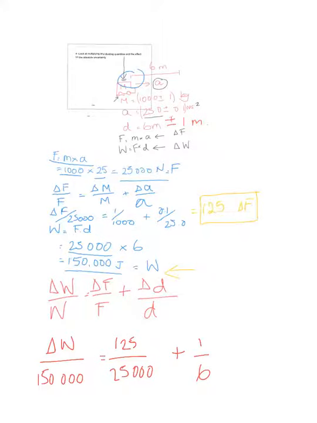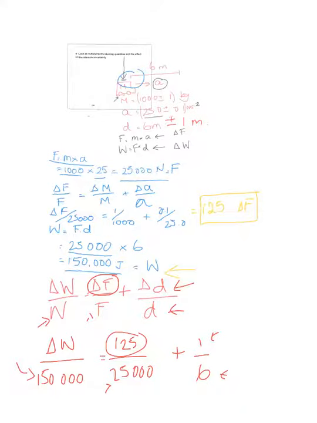So substitute the values in. Hopefully you found it easy to identify that was 150,000. That's the work done. That's W. And we have our absolute uncertainty in force over the force, which is 25,000. And then we have delta D, our uncertainty in distance, which is 1 over the distance, which is 6.